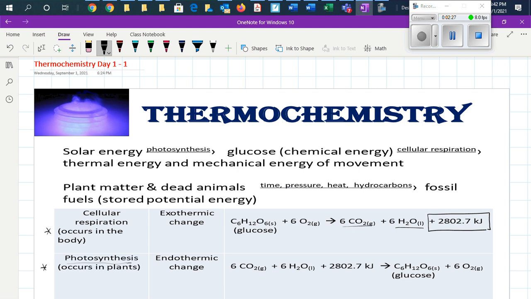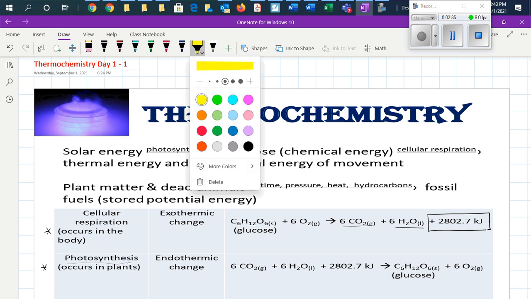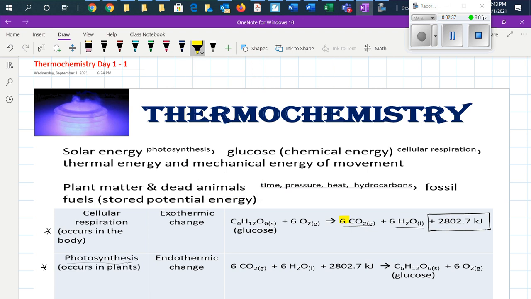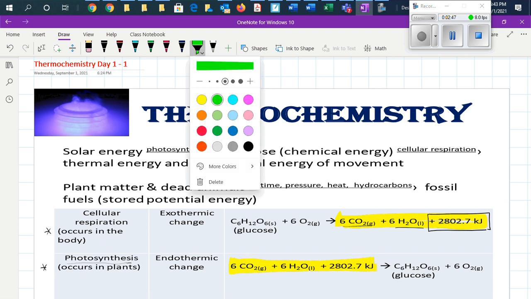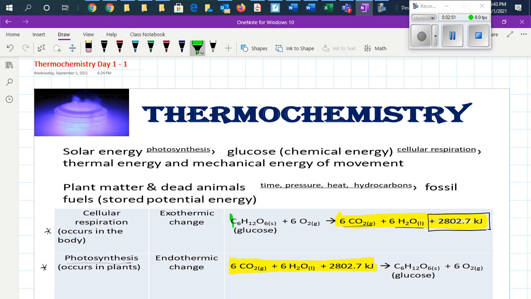As you see, the photosynthesis reaction is the opposite of it. Whatever was a product for cellular respiration is now a reactant in photosynthesis, and whatever was a reactant in photosynthesis is a product in cellular respiration.